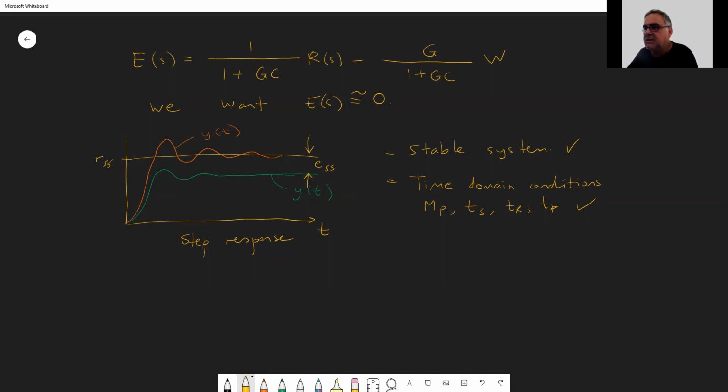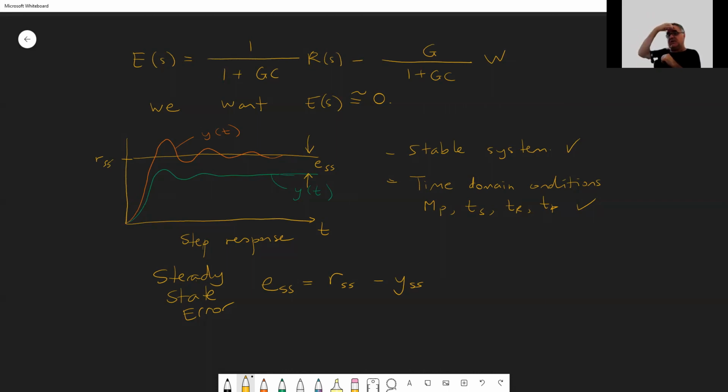So the steady state error, ESS, is the steady state value of r minus the steady state value of the output. What we mean by steady state is that things eventually settle down.